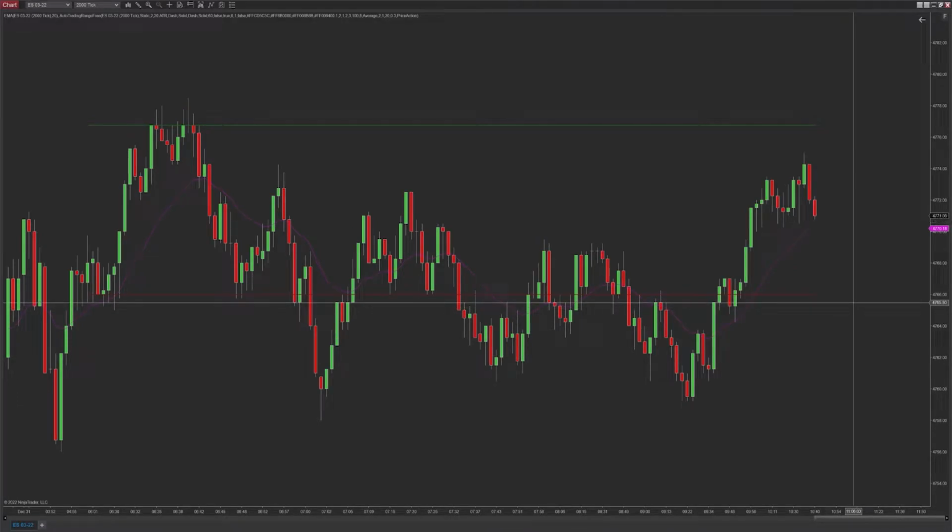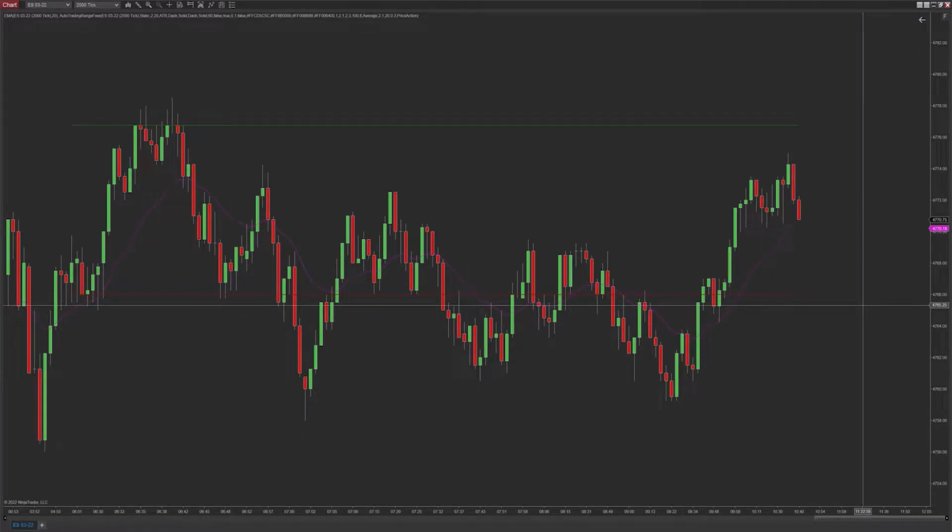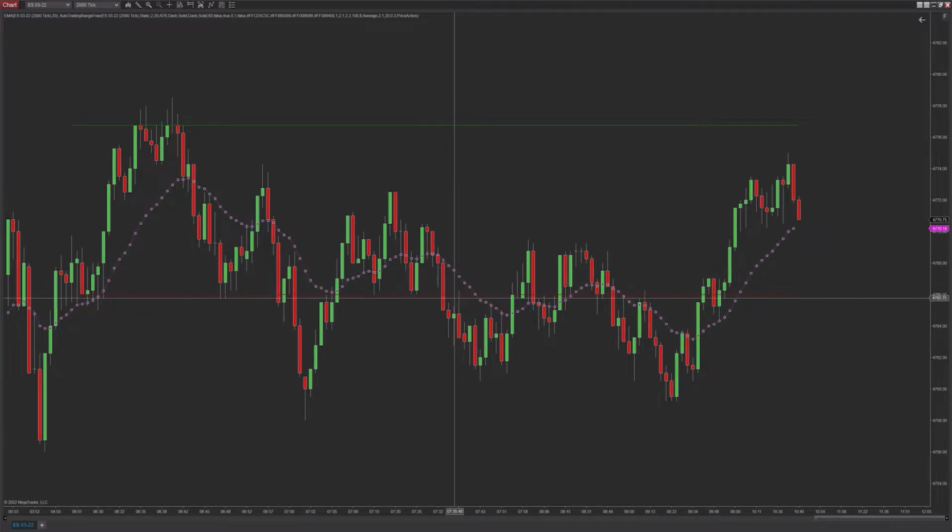So here we are on December 31st. It's around 10:40-ish. We're currently trading on the ENS futures market on a 2000 tick chart. And here we're using the 20 EMA as well as the auto trend channel indicator.